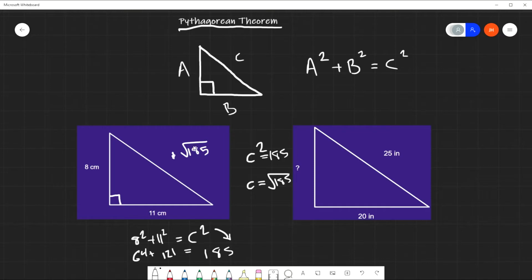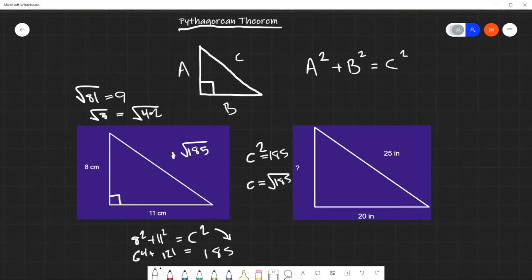You could evaluate this as a decimal, but personally, I find it beneficial to keep things in terms of a square root when you're working with side lengths, if you cannot simplify the square root. Like if I had the square root of 81, of course I'm going to write that as 9. Even if I have the square root of 8, I'm going to recognize that the square root of 8 is the square root of 4 times 2, because 8 is 4 times 2, and 4 is a perfect square.